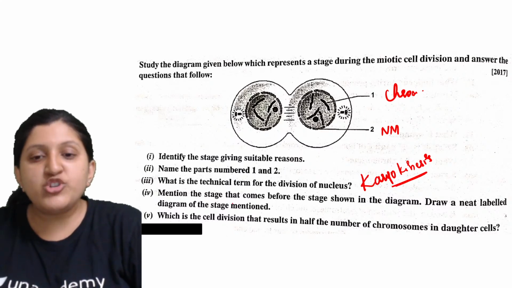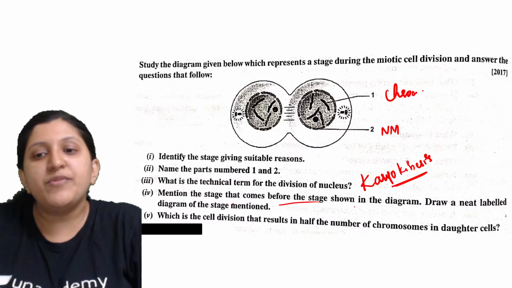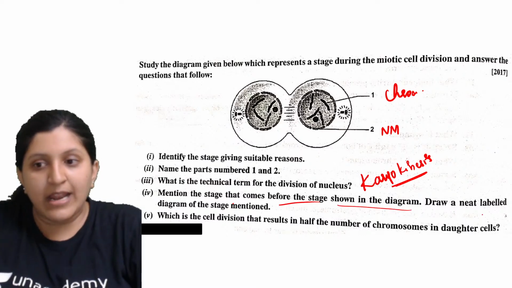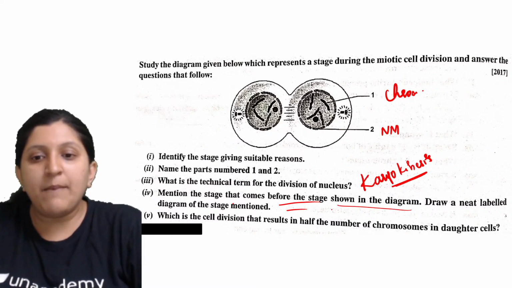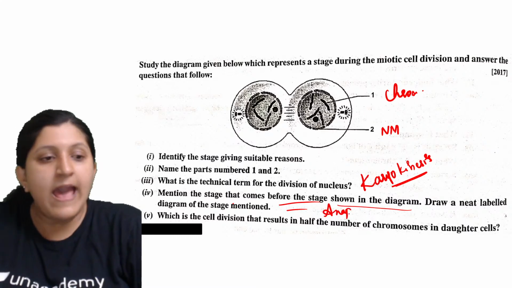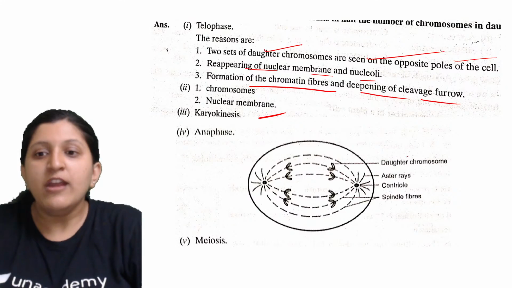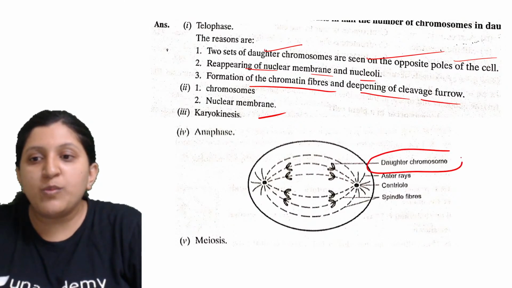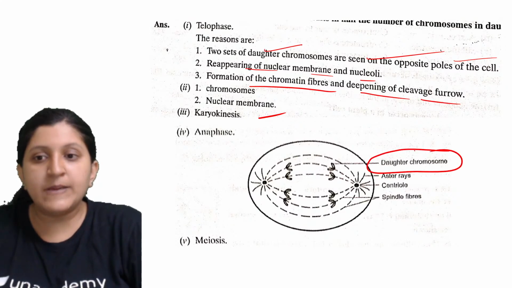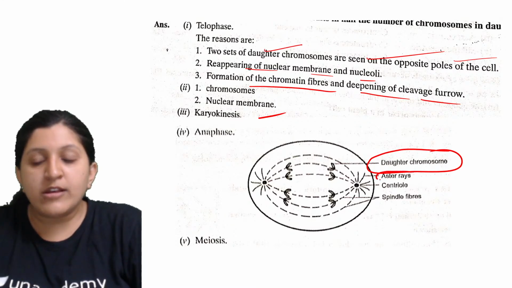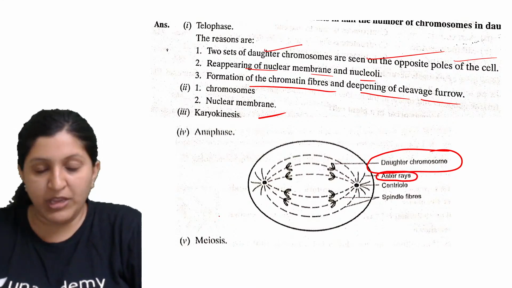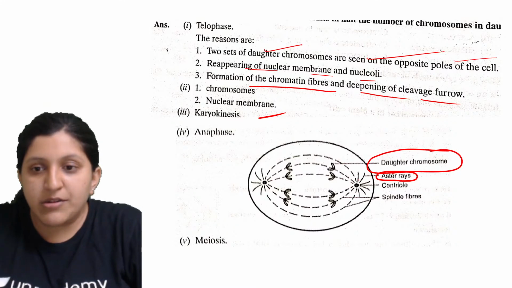Okay. So mention the stage that comes before the stage shown in the diagram, and draw a neat labelled diagram. So you can draw the anaphase here. I'll just show you this anaphase structure here. You can see the daughter chromosomes are being separated, then aster rays formation you can see. So aster rays are this one.